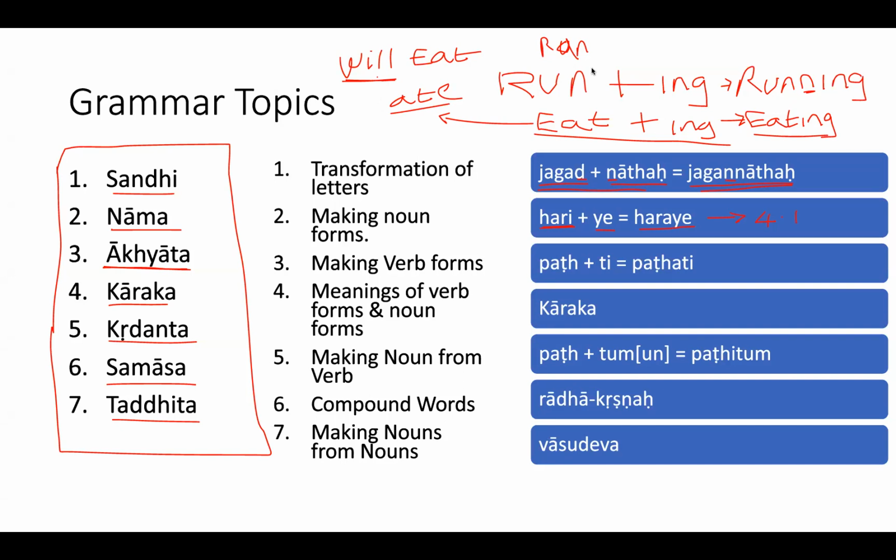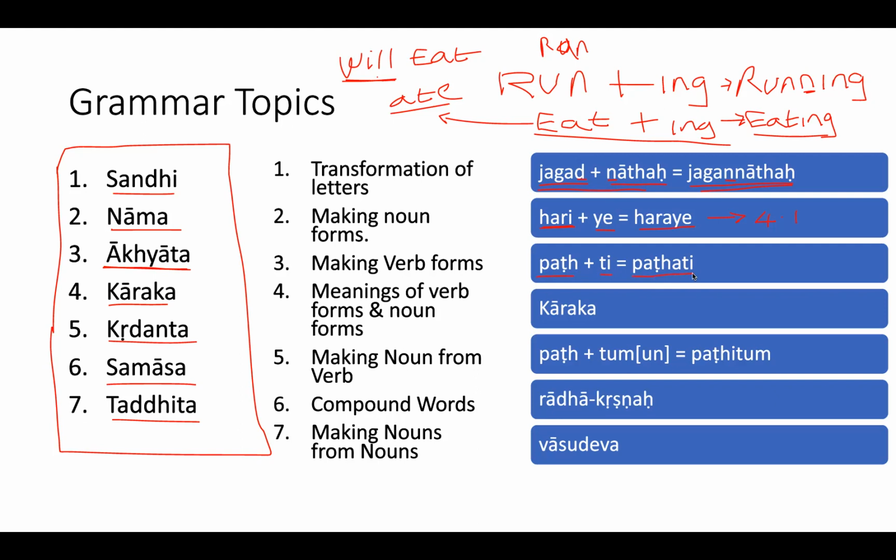So similarly, in Sanskrit also, you have the word pat, the root word, which means to study, learn, all these things. Then you have a suffix to bring the present tense word: pathati, sah pathati, chatrah pathanti.